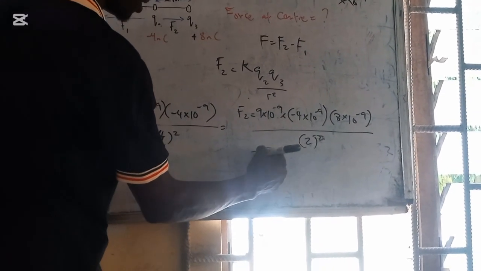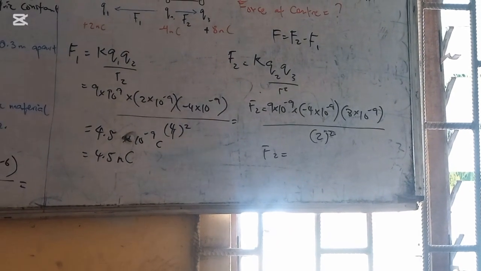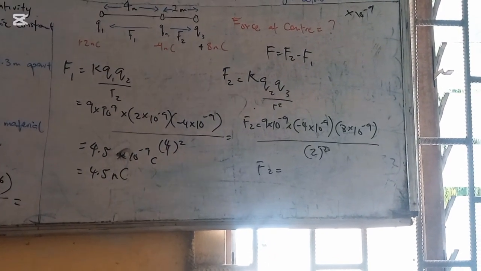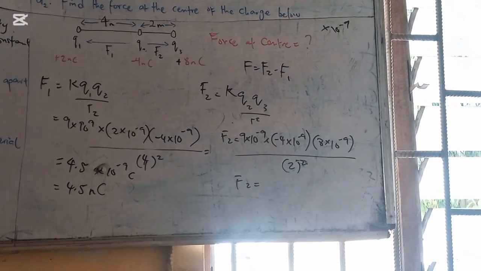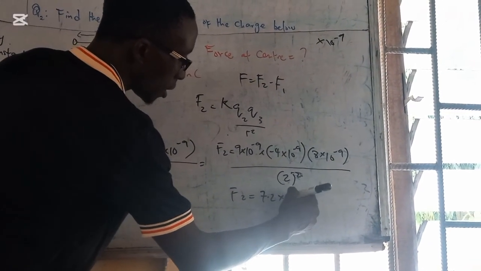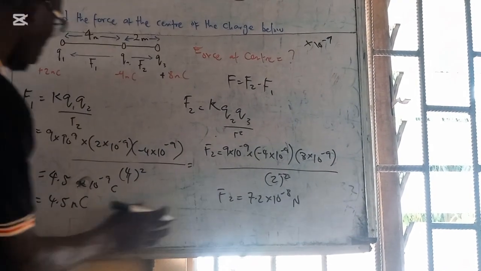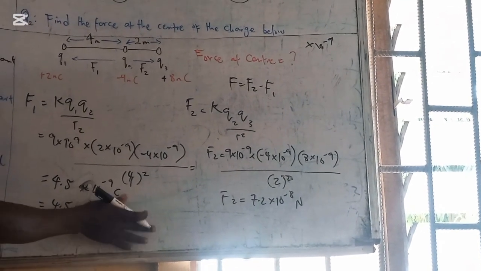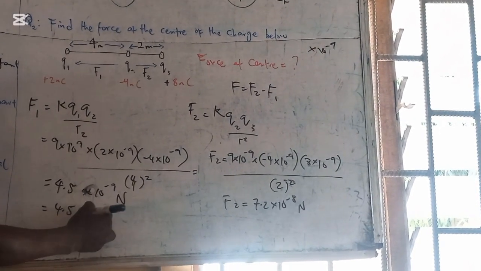So F2, calculating that, we are going to be having 72 nano, 7.2 times 10 to the power minus 8. And Newton, this is Newton, not nano. We are calculating force, not charge. So it's supposed to be Newton.